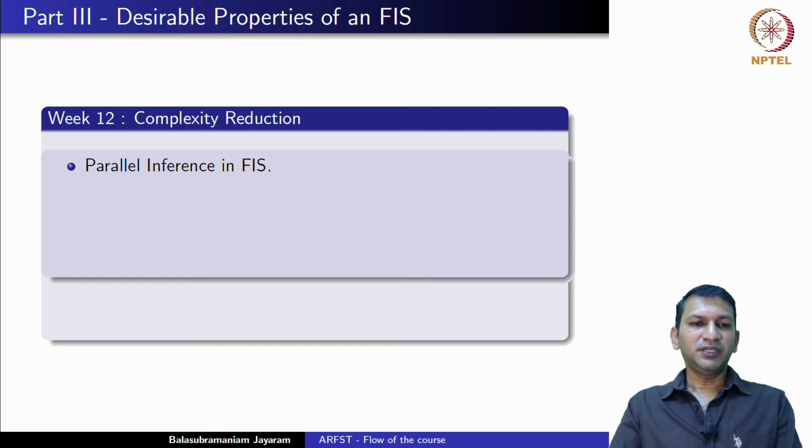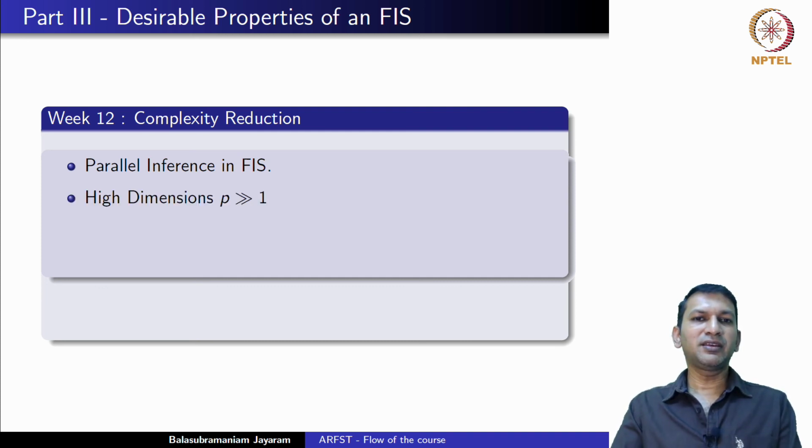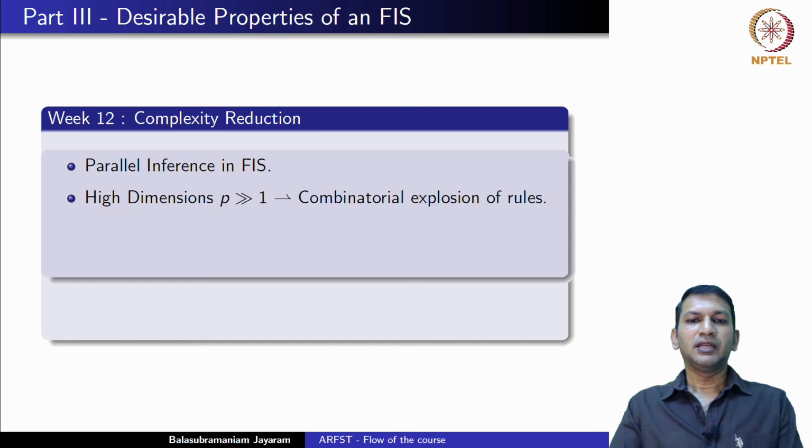Now, as was mentioned, fuzzy inference schemes perform parallel inference. In high dimensionality, where P is far greater than 1, this leads to a combinatorial explosion of rules. We have far more rules than can be easily managed. So this obviously has a bearing on the processing time of the inference.